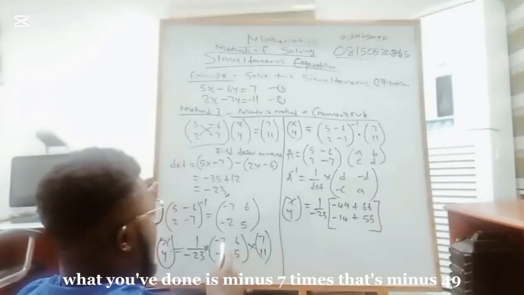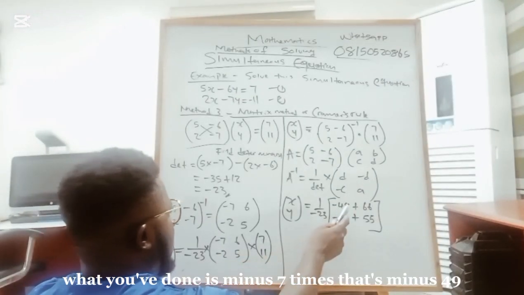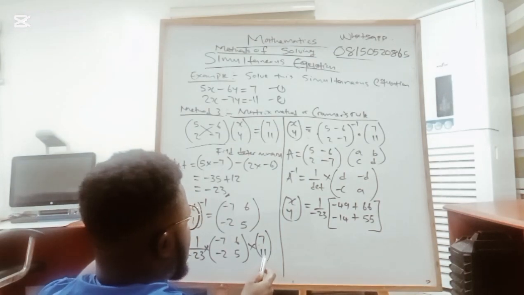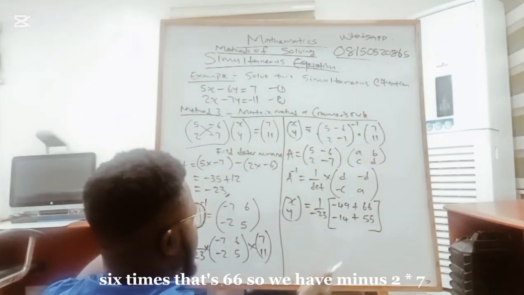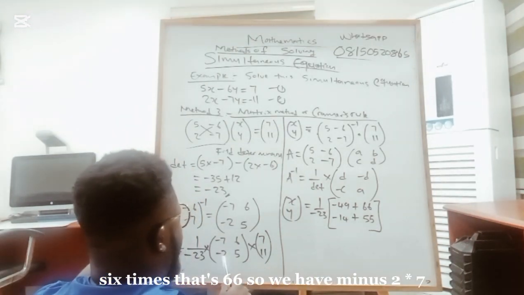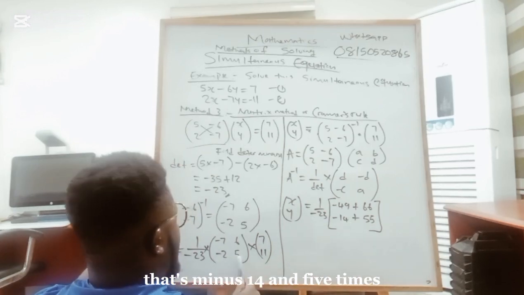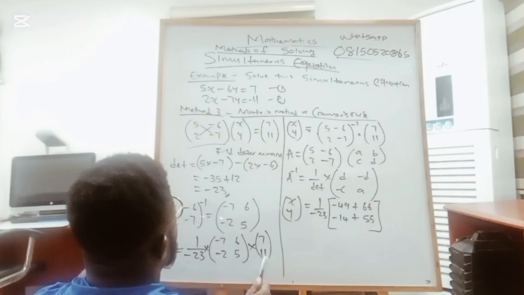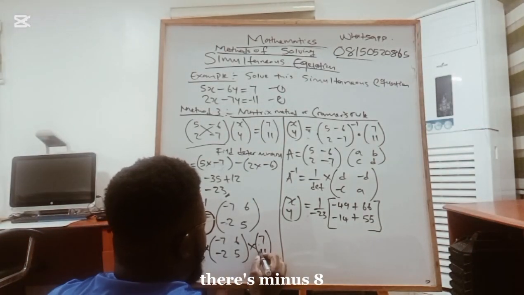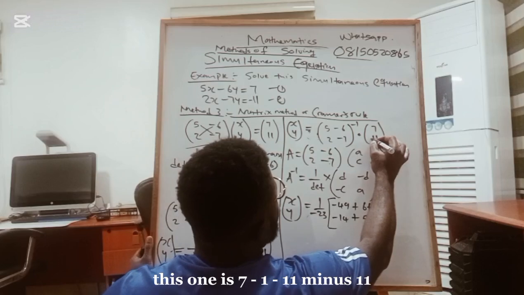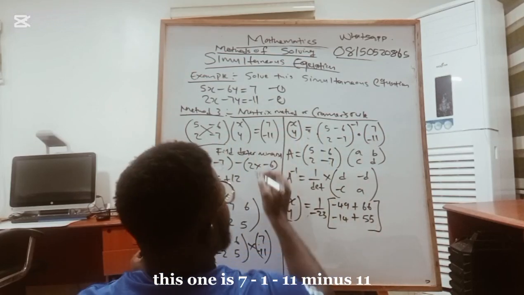What we've done is minus 7 times, that's minus 49, 6 times 11, that's 66. So we have minus 2 times 7, that's minus 14, and 5 times, hey, sorry, there's minus here. This one is 7 times minus 11, that's minus 77.